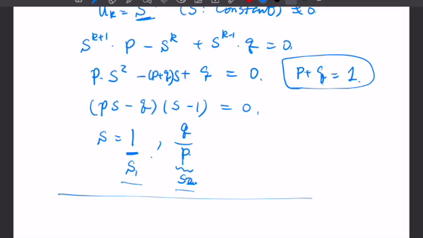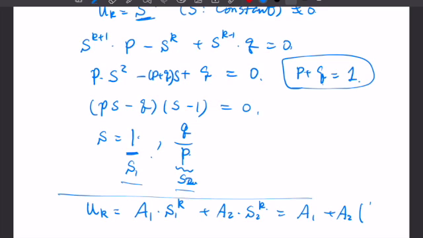So let's say the general solution uk is something like a constant times s1 to the power of k and another constant times s2 to the power of k. But s1 is just 1, so that is just a constant after all.